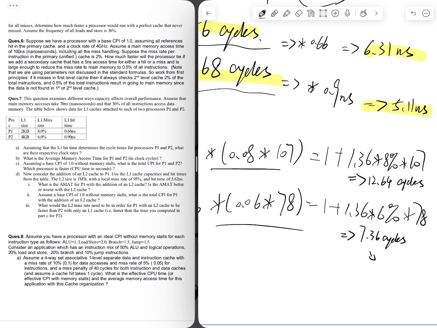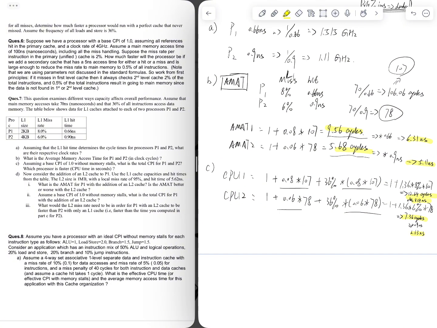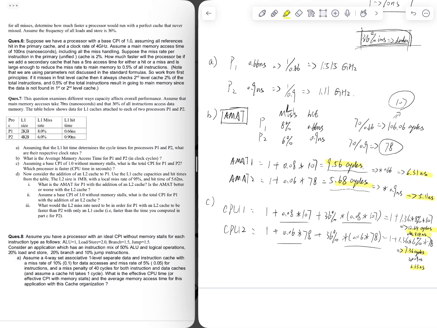And when you multiply by 0.9 nanoseconds, it will be 6.63 nanoseconds. And when you multiply by 0.66, it will give you 8.34 nanoseconds. Yeah, so this is the solution or analysis for parts A, B, and C. And then we'll go to part D, that's another big part.